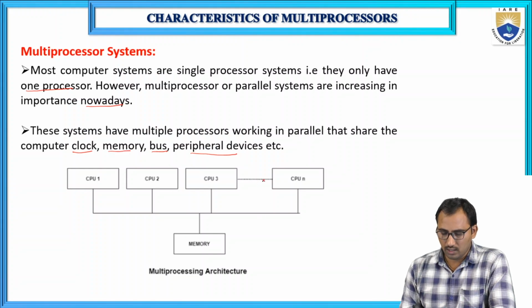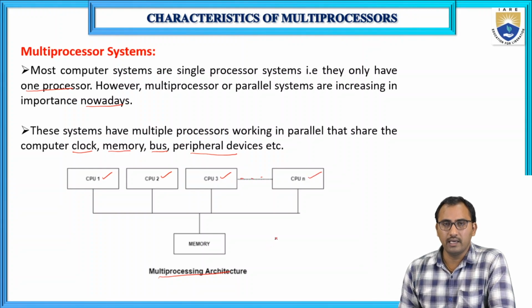If you look into the multiprocessor architecture, here you can see the multiple CPUs: CPU 1, CPU 2, CPU 3 and CPU n. In this way we can connect any number of CPUs. All these CPUs share a common clock, because every processor requires a clock; without the clock the processor will not work.